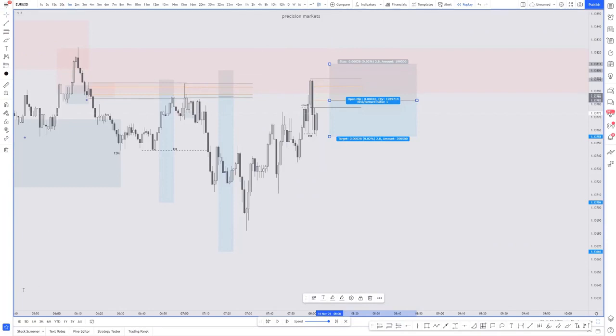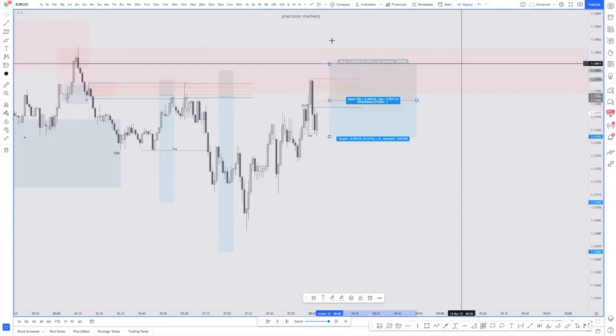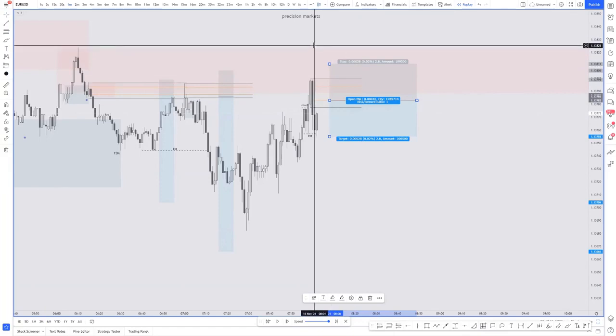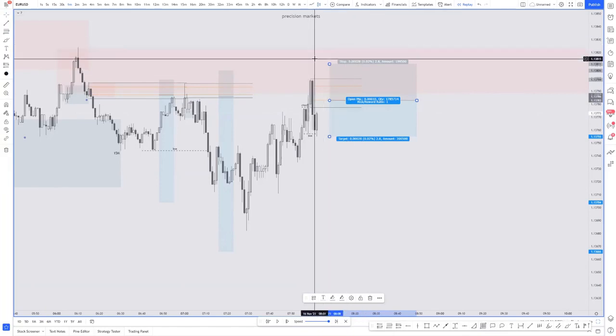How consistent is the touch of the POI after the first 2 touches? Honestly, if you're with trend, this POI can get tapped 10 times. Sometimes it gets mitigated once if it gets run. Sometimes it'll get mitigated 5, 6, 7 times before it fails. There's really no way of knowing for sure if this is going to 100% hold or if this is going to let go.